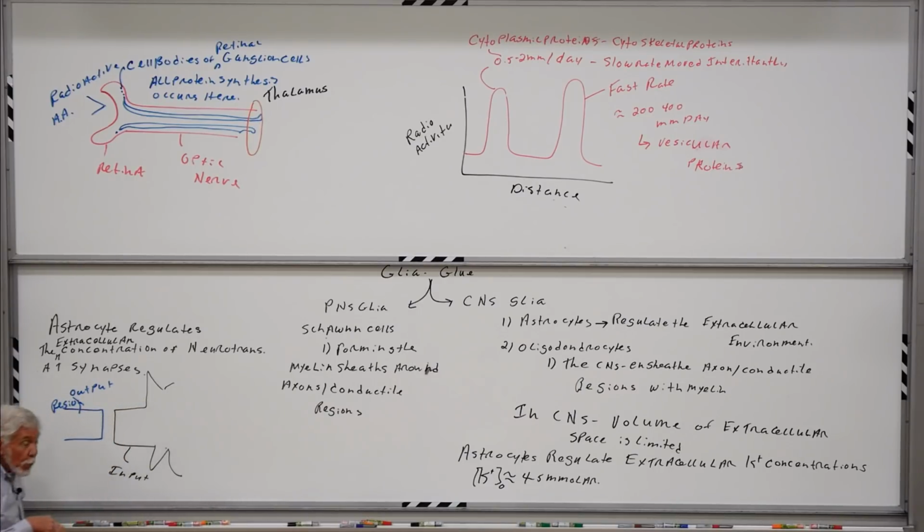The path here for the neurotransmitter is that the neurotransmitter is packaged in vesicles. And when the vesicle membrane fuses with the plasma membrane, those neurotransmitter molecules are released out into this narrow gap between this cell and this cell, between the releasing cell and the receiving cell, between the axon terminal and the input region of the neighboring cell.